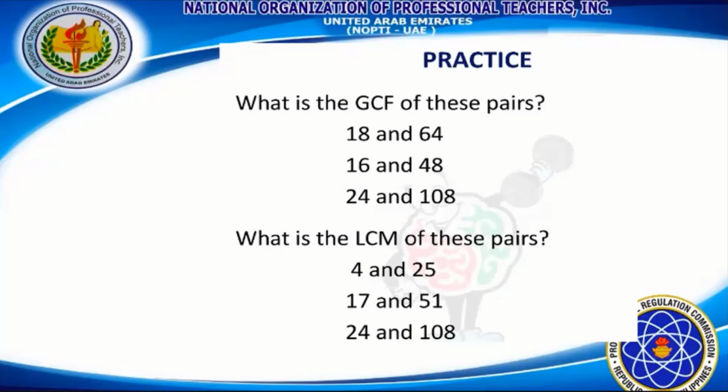Addition of fraction, yung dissimilar fractions. Yung hindi pareho ang denominator. Yun yung pinakamabilis na gagamitin. Okay, 100. Correct. Next, 17 and 51. 51. Correct. And last, 24 and 108.